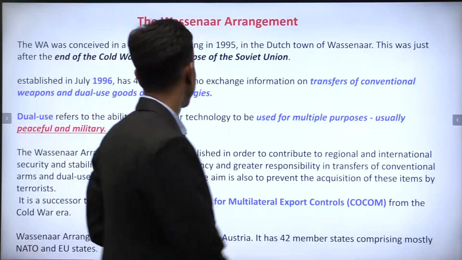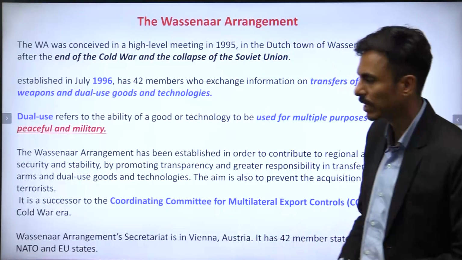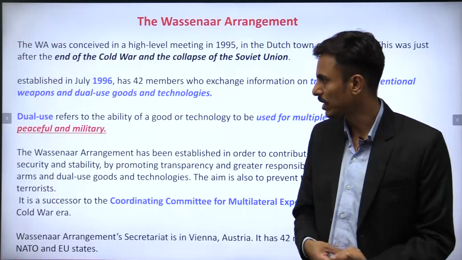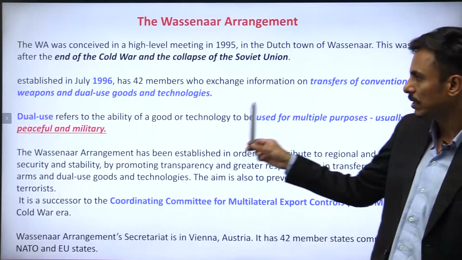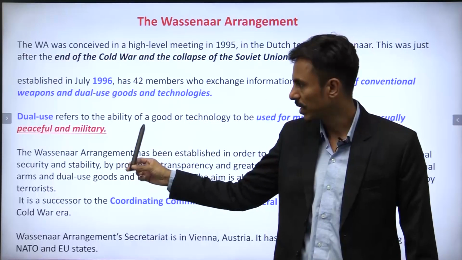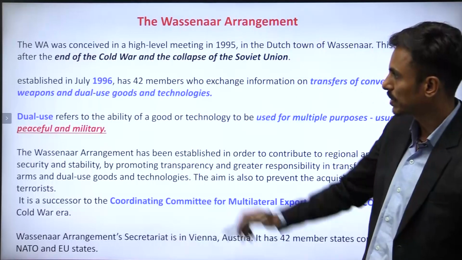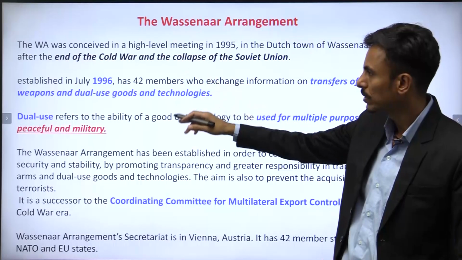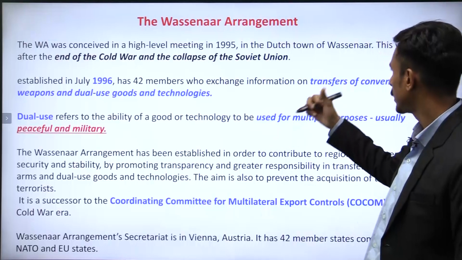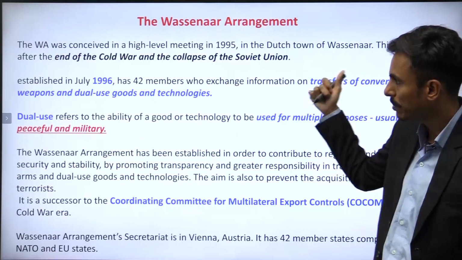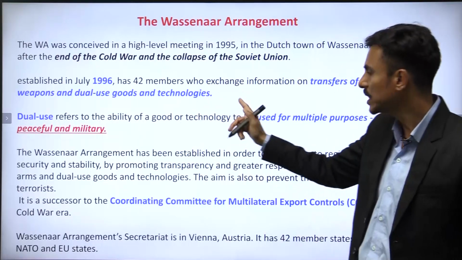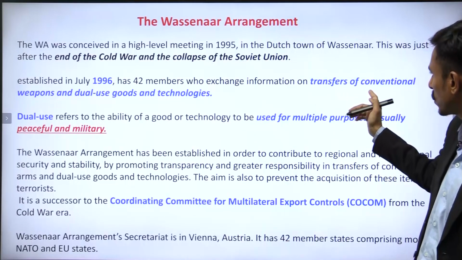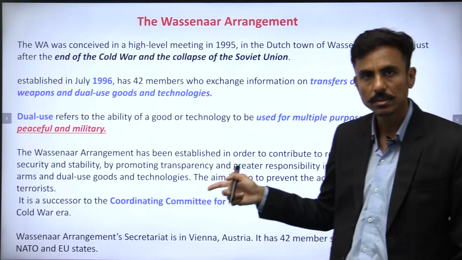Now if I talk about the Wassenaar Arrangement, it also prevents the proliferation of WMDs, or weapons of mass destruction, and it was basically formed after the end of the Cold War, in the year 1996. And the 42 members exchange information on transfers of conventional weapons.